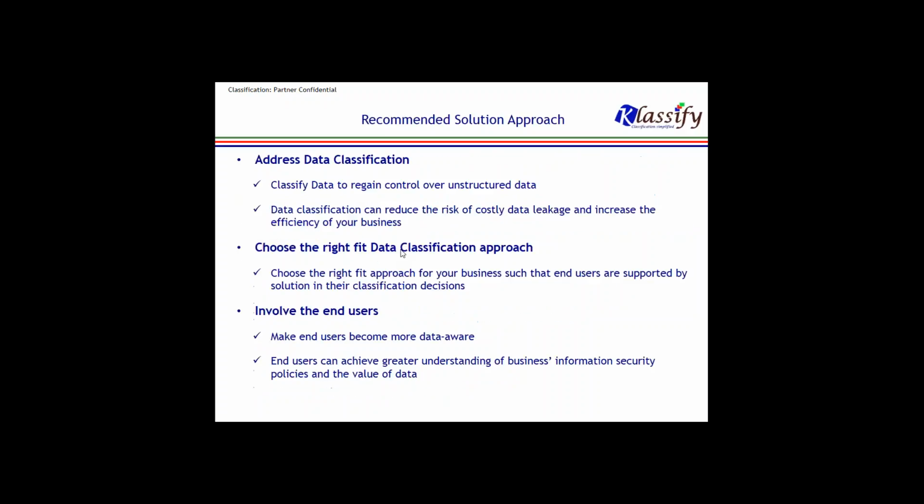Let's further move on and now look at some of the recommended solution approaches that we think are very important, that can help any organization address data classification and make a data classification program effective. Number one, address data classification by classifying data, with which you can regain control over unstructured data. I think we talked about the real life problem that organizations are facing of unstructured data.